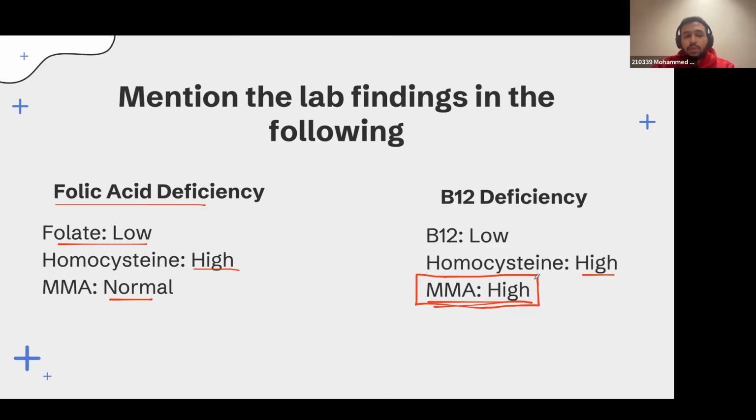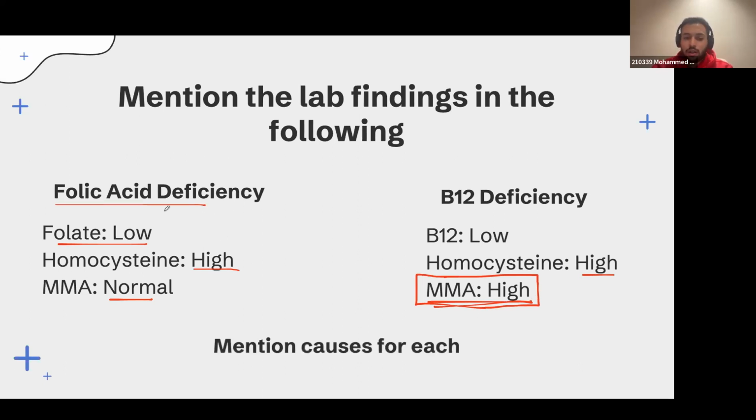So this is very important. If you have a suspected B12 patient, you have to confirm the diagnosis of B12. You cannot start treating with folic acid specifically. If you treat a B12 deficiency patient with folic acid without B12, this MMA will go even higher, so it will cause worsening neurological symptoms. So that's one concept for you guys.